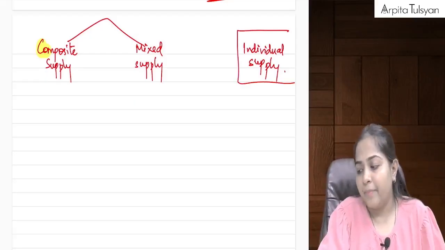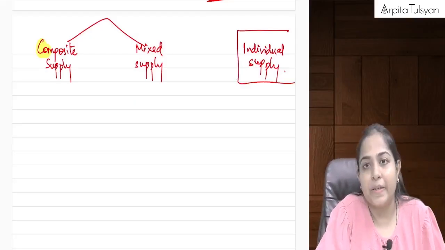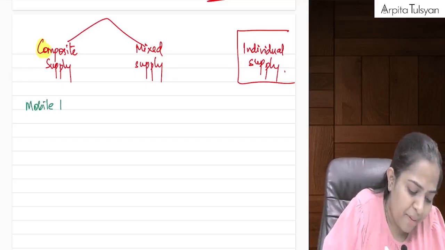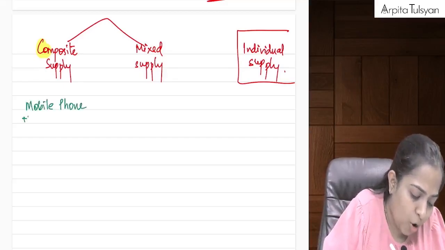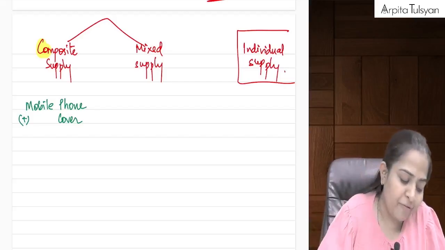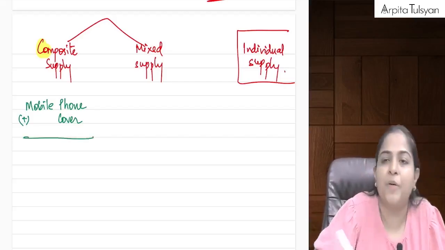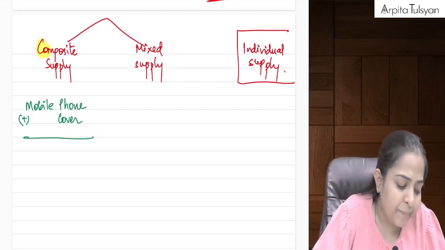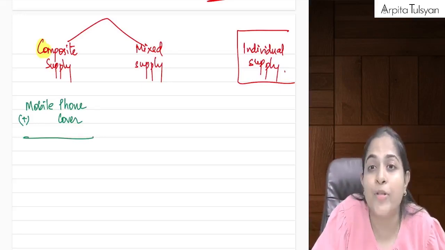Now listen. Let's say I am purchasing a mobile phone, and along with that, I am purchasing the same phone's cover also. If I have done this purchase together, under a single invoice, then this is to be treated as a composite supply.